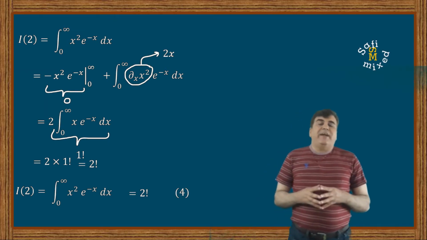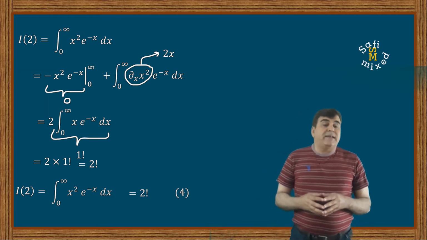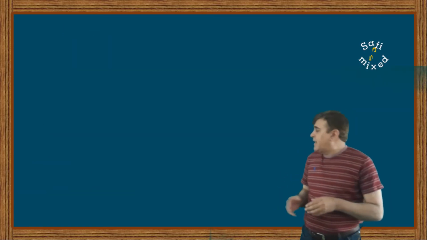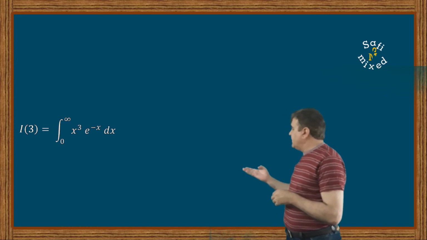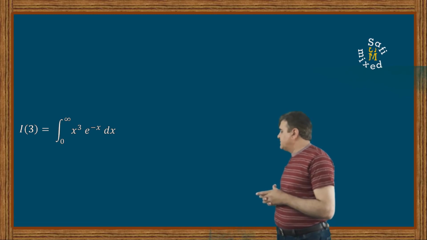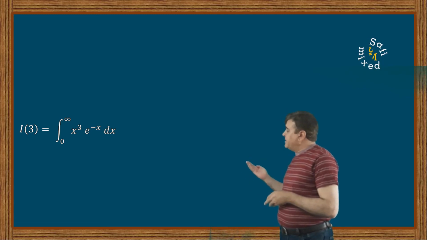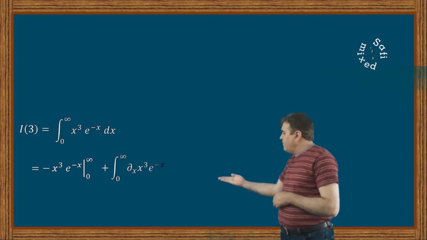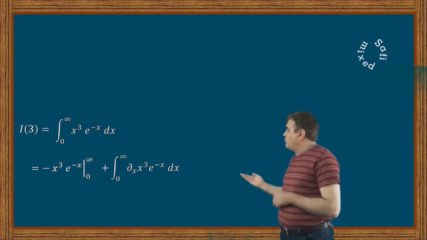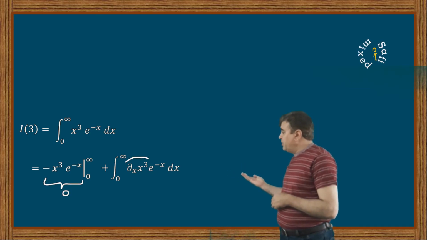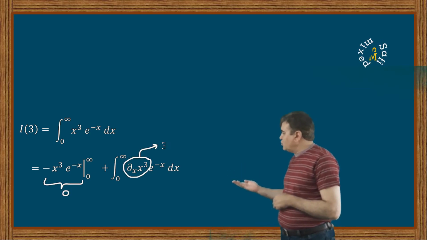Now let us iterate equation 1 for n equal to 3, and if I substitute n equal to 3, I can write the integral as I3 equals 0 to infinity x cubed times exponent minus x dx. And again, employing integration by parts, I can put the result into this form. The first term on the right again goes to 0, and the derivative of x cubed equals 3 times x squared.